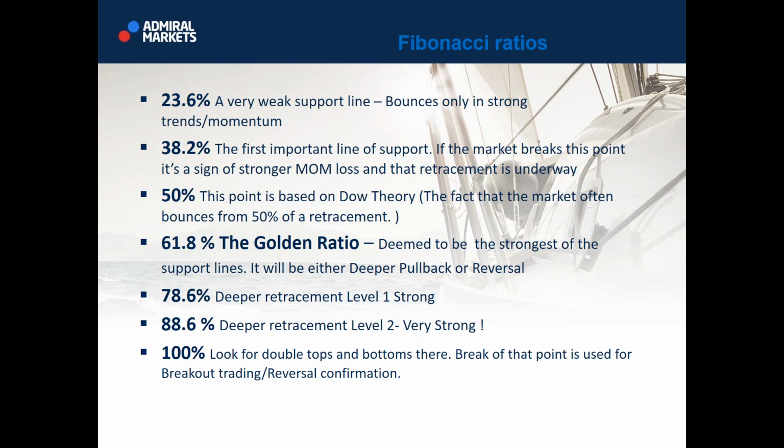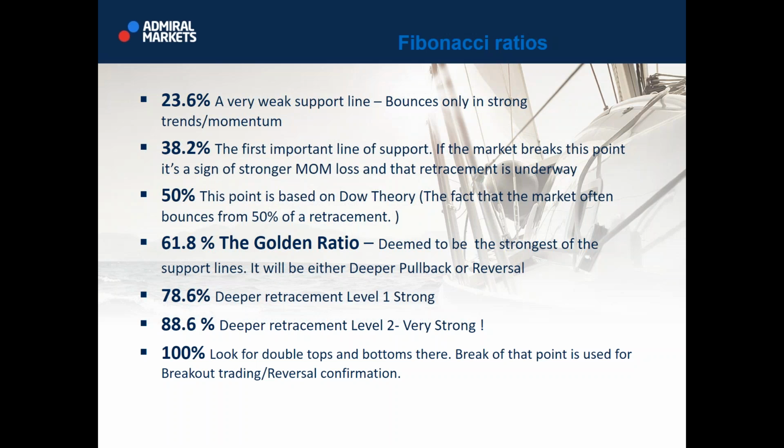So, Fibonacci ratios. These are the most important Fibonacci ratios, and as you know, my favorite Fibonacci retracement is definitely 88.6. So 78.6 and 88.6. The golden ratio is deemed to be the strongest of the support lines, but in theory it's not always like that.